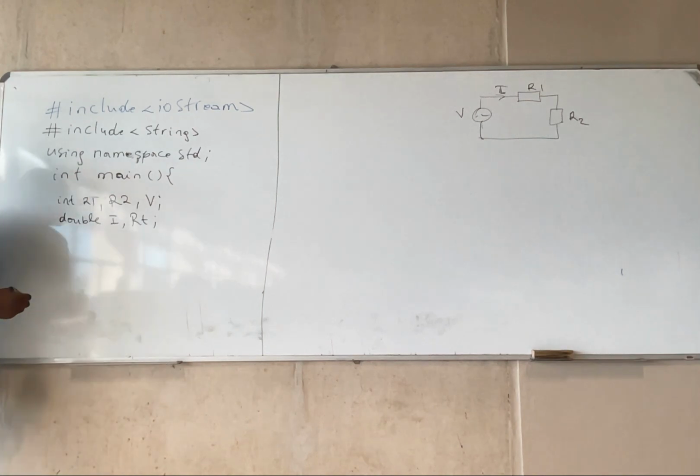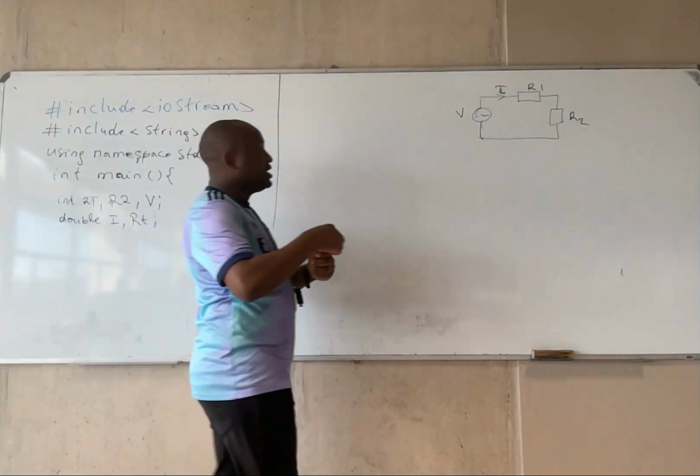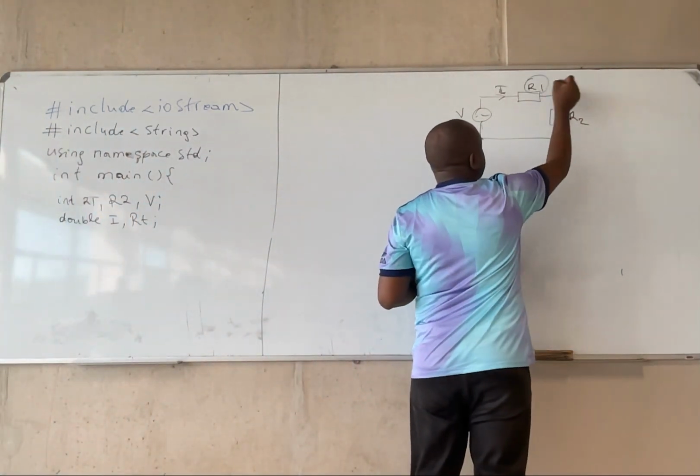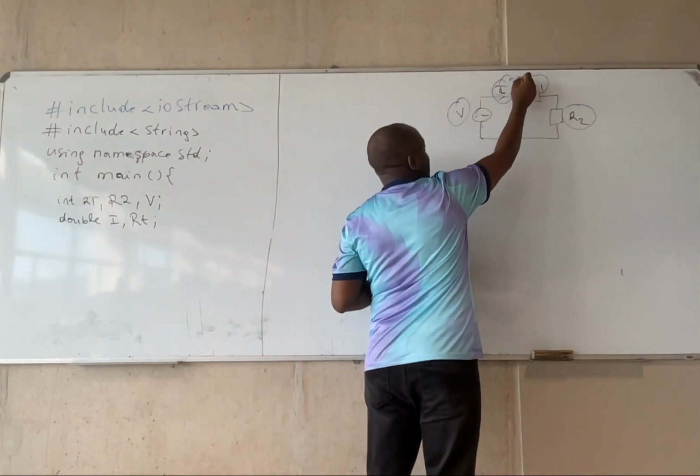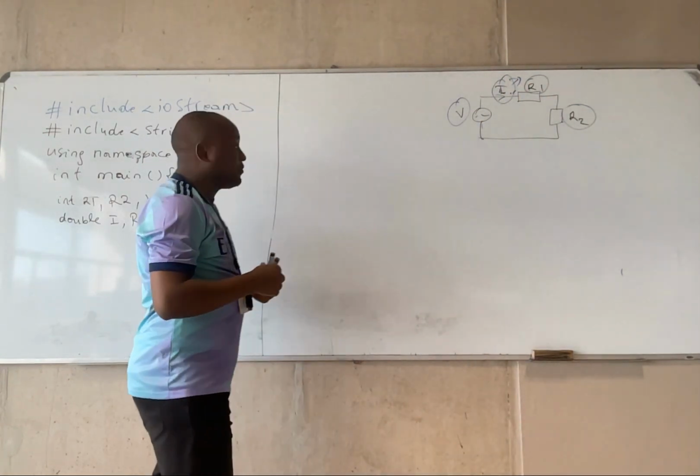So after that, I'm going to ask the user to give me the value of this, the value of that, and the value of this in order for me to get this one here. Simple, straightforward.